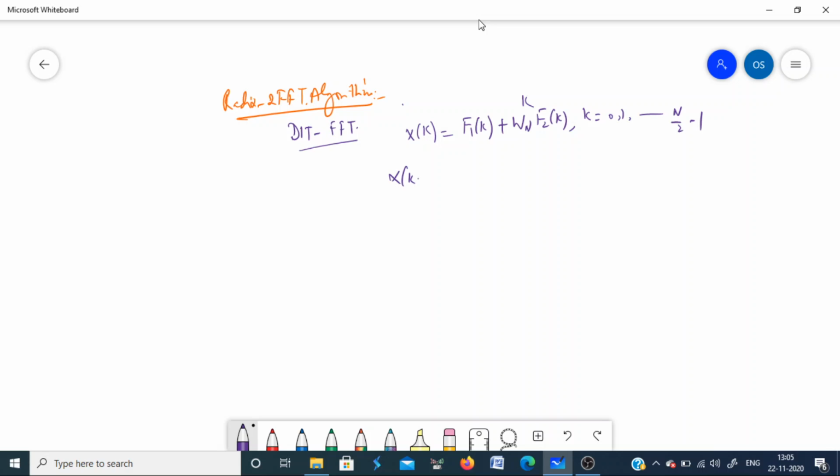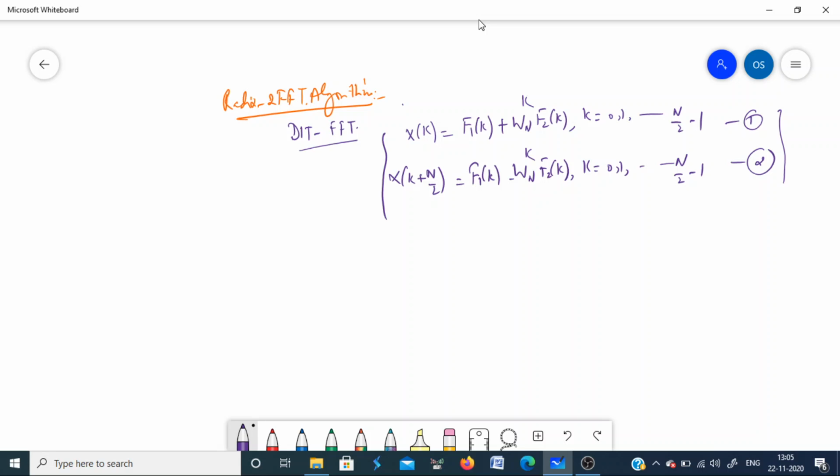The second part is X(k + N/2) is equal to... This is what we have discussed in the previous class, and then we have drawn a structure showing how you can get the N-point FFT from N by 2 point FFTs.